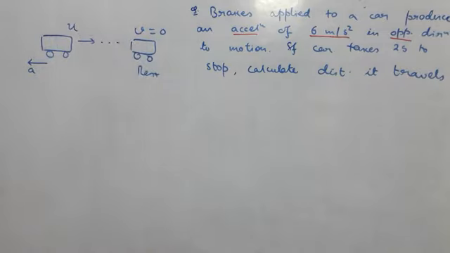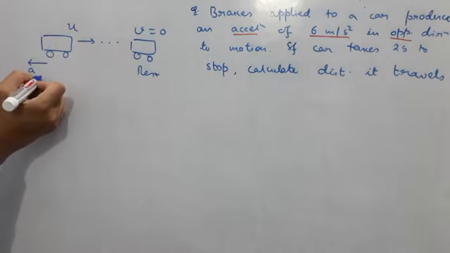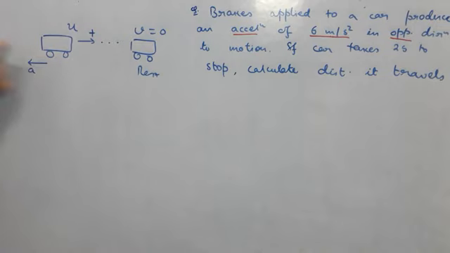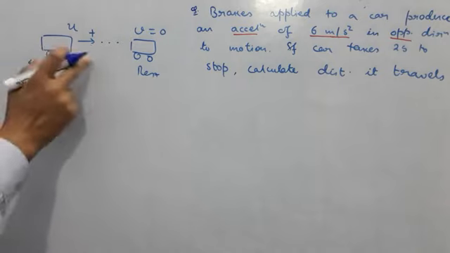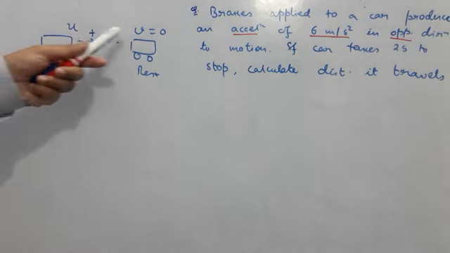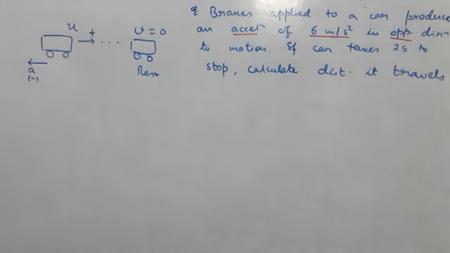What is important to note is that the direction of motion is towards the right. If we take this direction as positive, the left direction will be taken as negative. Remember students, vector quantities in one-dimensional motion can be given plus and minus signs. So plus if you are taking to the right, minus will be to the left.